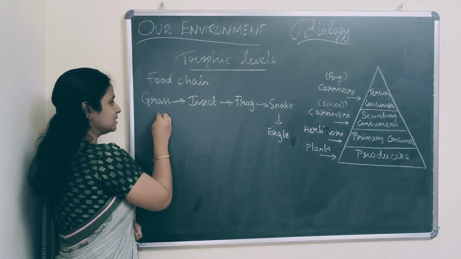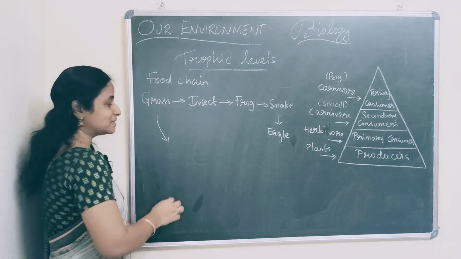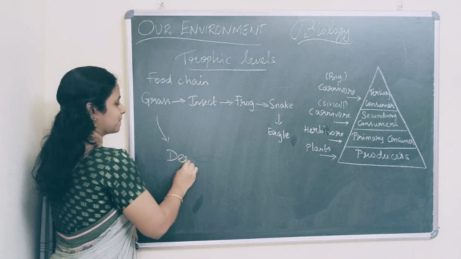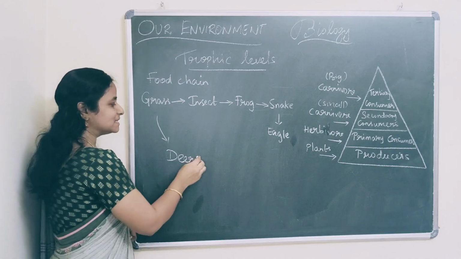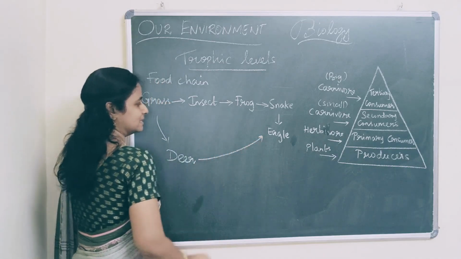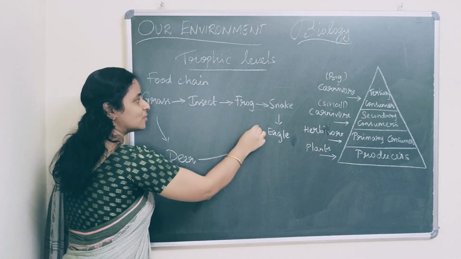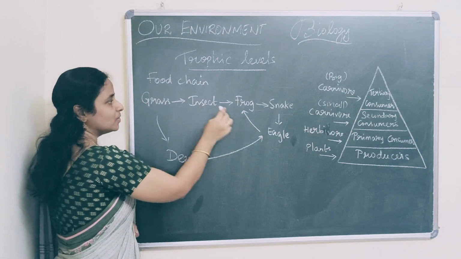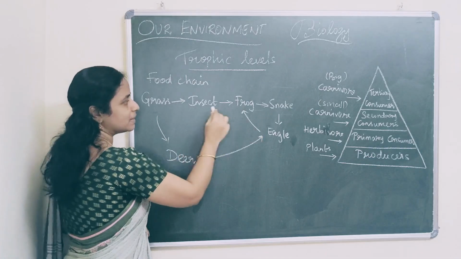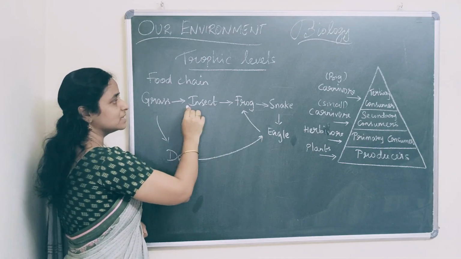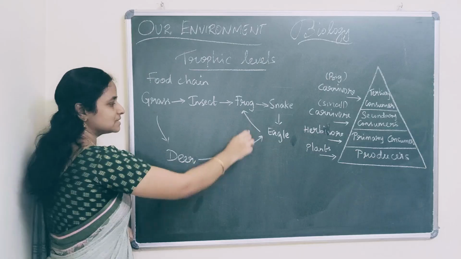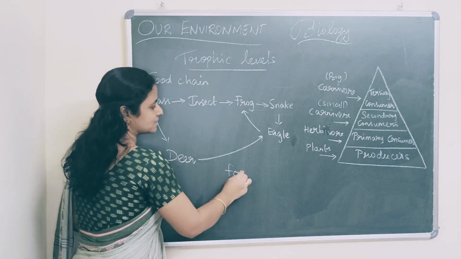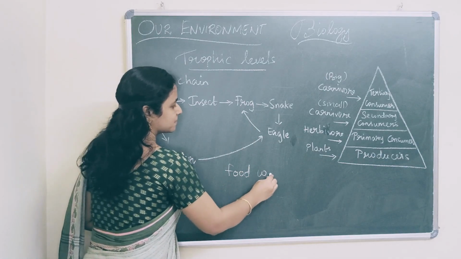Suppose the same grass can be eaten by deer. The deer can be eaten by an eagle. An eagle can also pick a frog, the insect. So you can find more than one population involved in the food chain. So you call such interactions the food web.